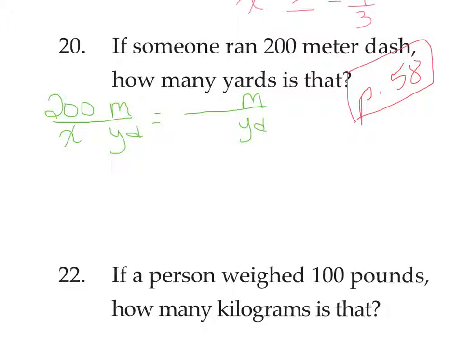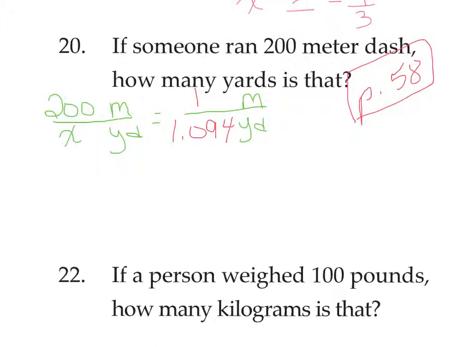So I can tell on the unit conversions that 1 meter equals 1.094 yards. And then to solve these, remember we set up an equation with the cross products being equal.